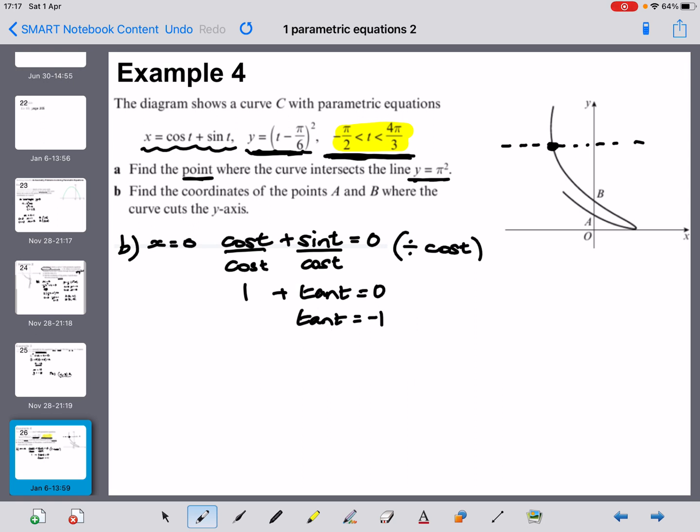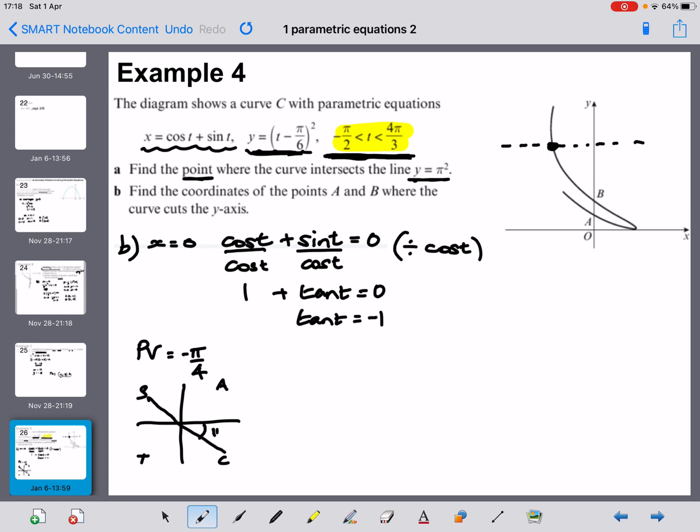So we need to solve that. If we get our principal value, inverse tan of -1, the principal value is going to be -π/4. If I do a little mini CAST diagram, tan is negative in the sine quadrant and in the cos quadrant.